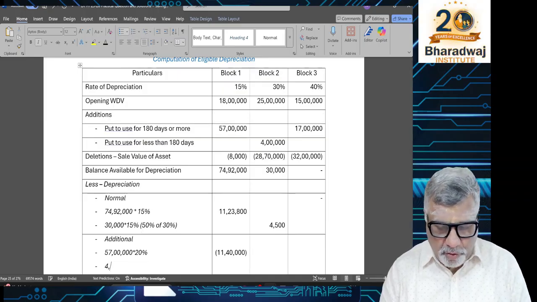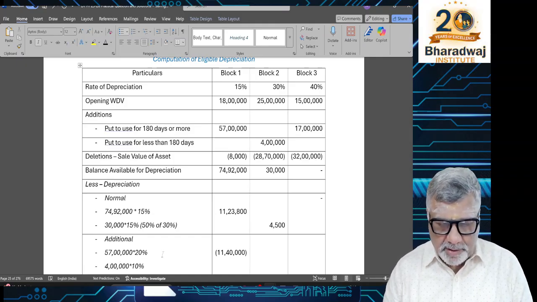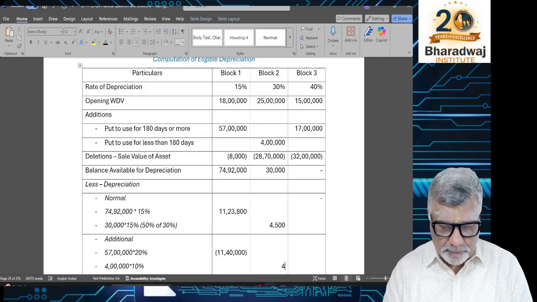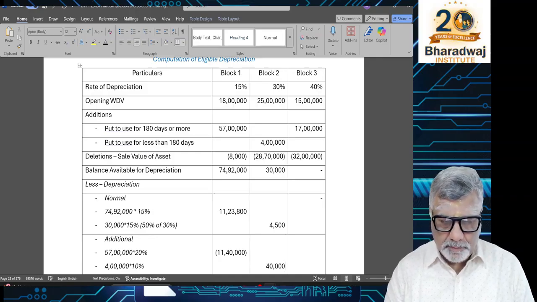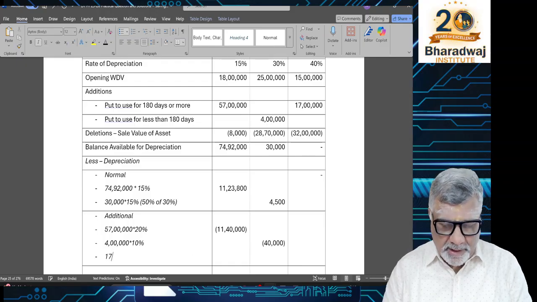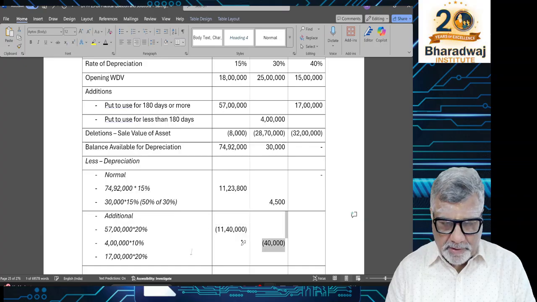Now, 4 lakhs into 10%. And also 17 lakh into 20%.